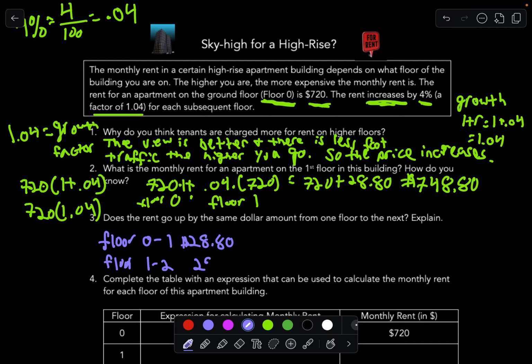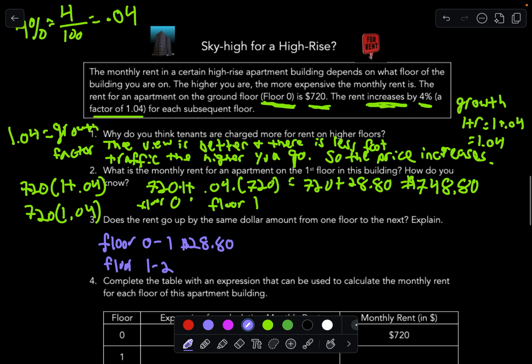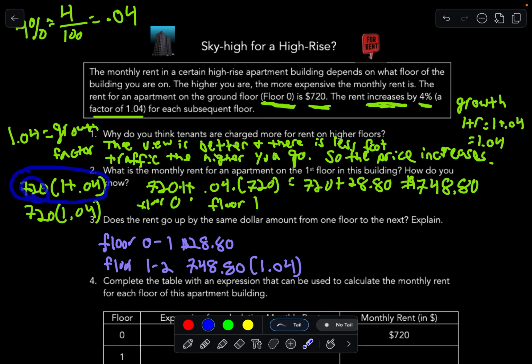We're going to take how much the floor 1 is, which is $748.80, and we're going to multiply it by the growth factor of 1.04, which is basically doing this calculation, except for now the number is 748.80, not 720. All right, so this is that.